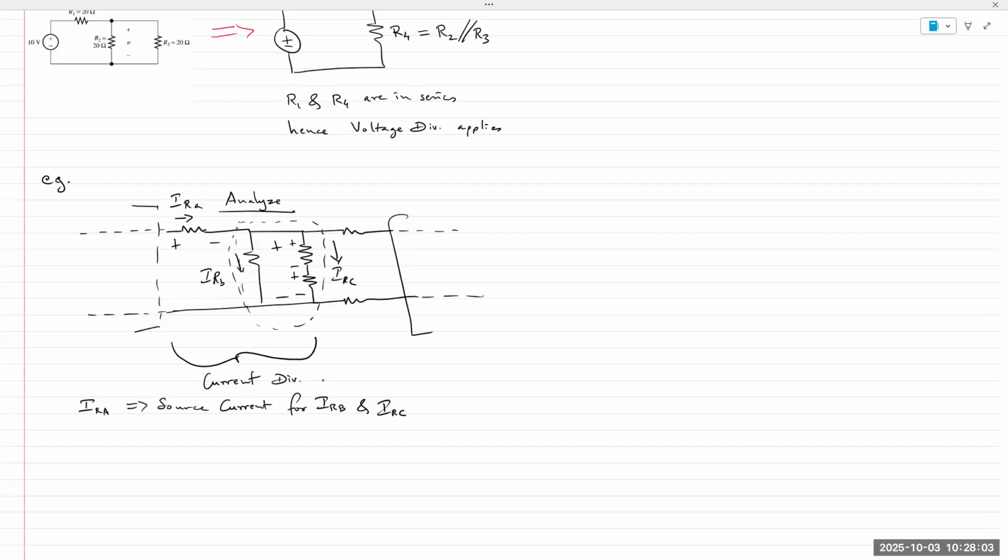Once we calculate the voltage, let's call this VA, let's call this VB. VB gets divided between those two resistors. So VB will be the source voltage for the series resistors. And then you could apply voltage division and a one-step calculation to find the voltages across those two resistors.